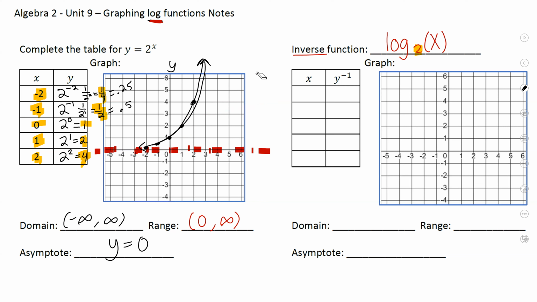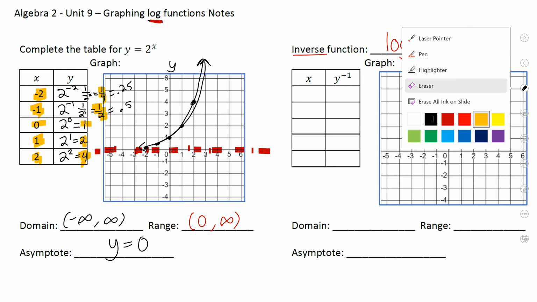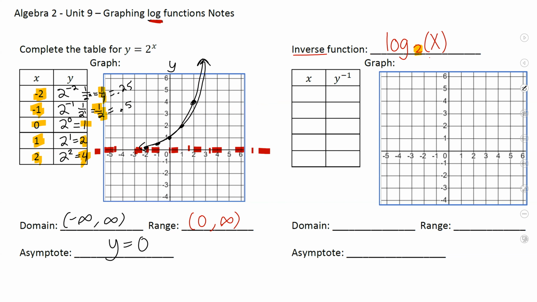So, since they are inverses of each other, what can you do to fill out this table? Yep, we're going to switch the y and the x's. Okay, so over here, I'm going to put these on the y side. So this will be -2, -1, 0, 1, and 2.